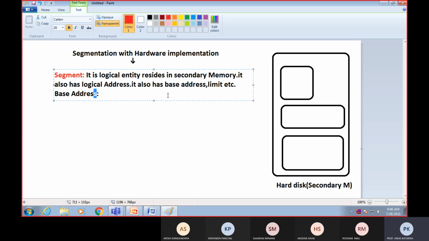Base address, I mean to say that a segment starts from the hard disk. Base address means the starting address of the segment. No need to write, it is just a starting address.